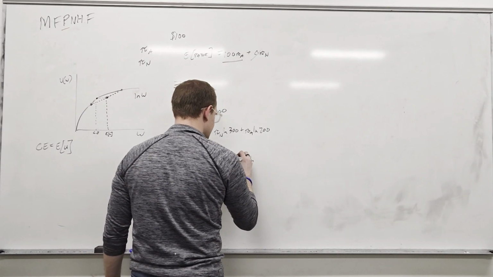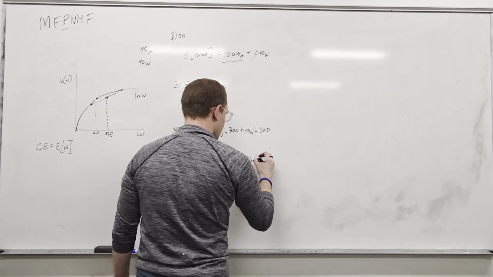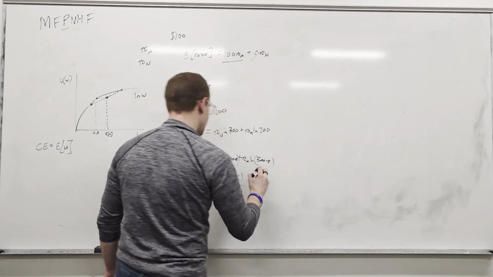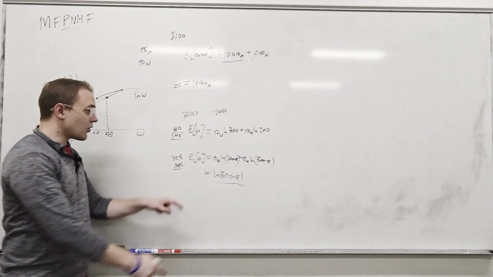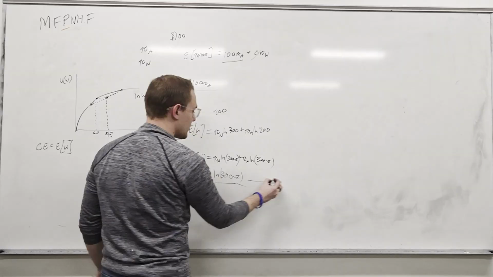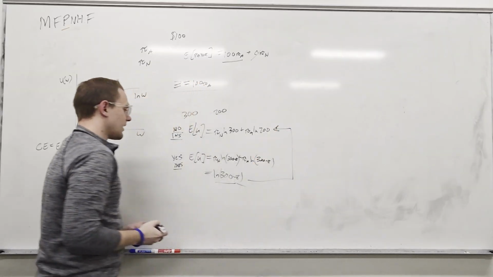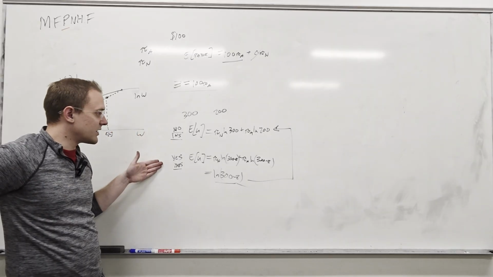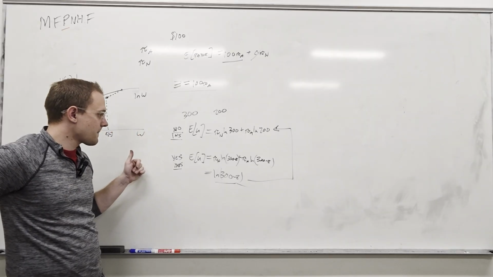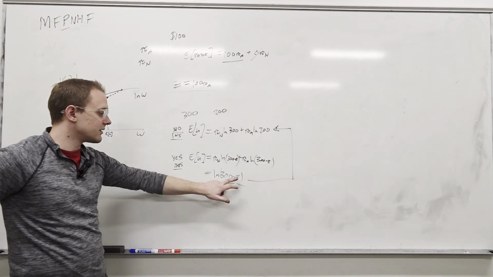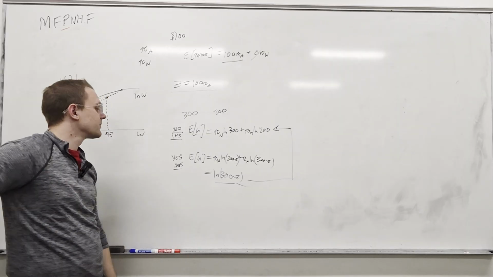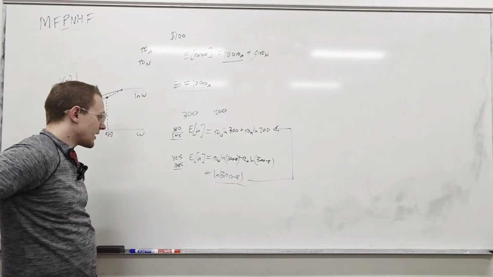It's 300 minus the premium, which is Z. Okay, log of 300 minus Z. So we would set this equal to this, and we find a Z, the premium at which they'd be indifferent between buying insurance and not buying insurance. Okay, so that's how you'd solve a problem like that.